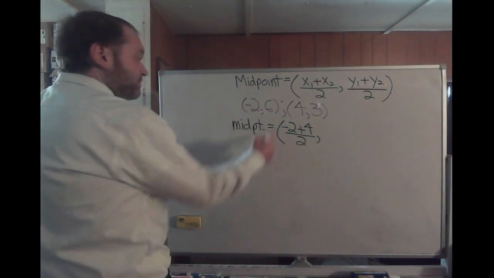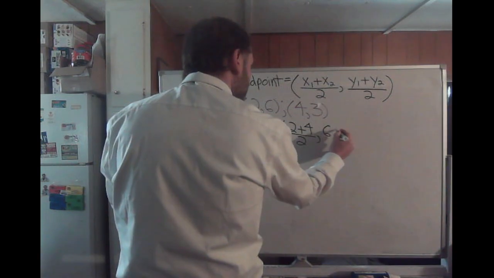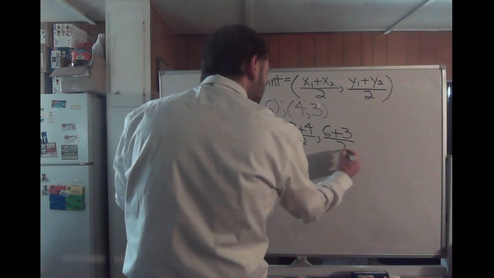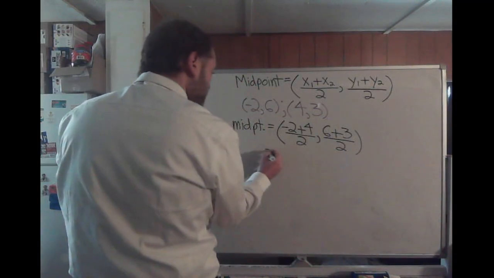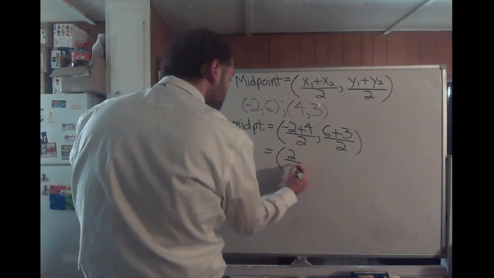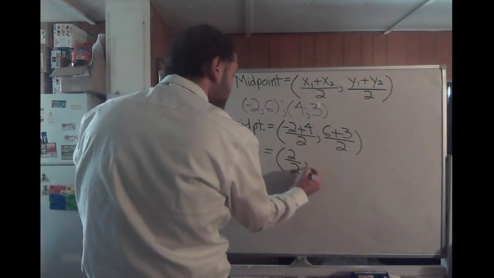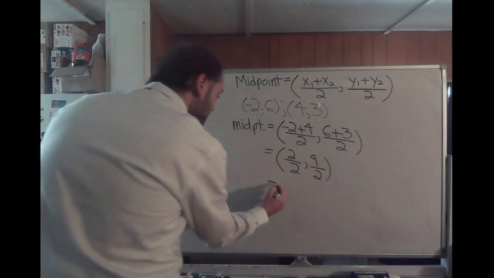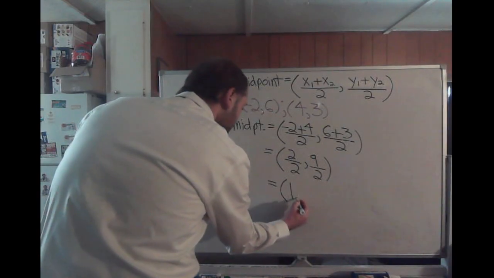And then you would take your first y coordinate of 6 plus your second y coordinate of 3, divide that by 2, which of course would end up giving you 2 over 2, and then 9 over 2, giving you a midpoint of 1, 9/2.